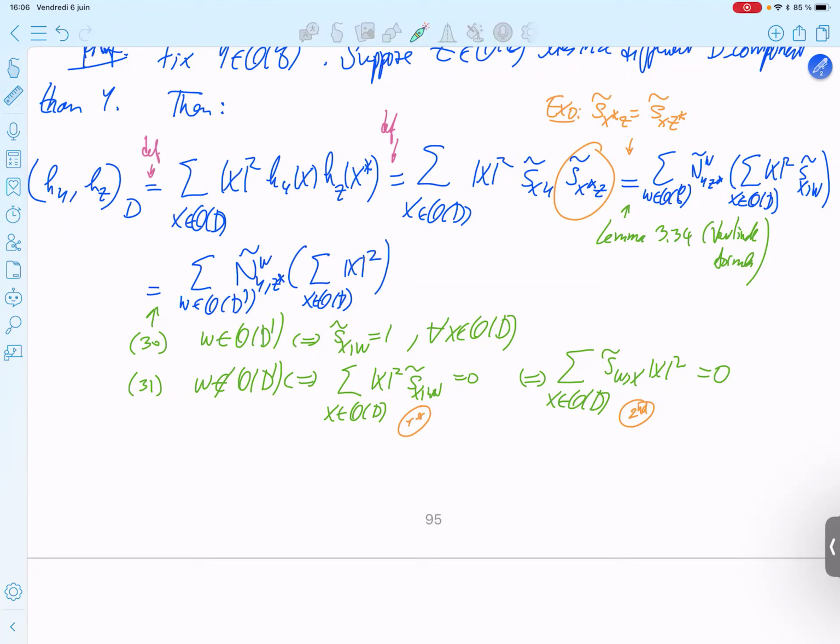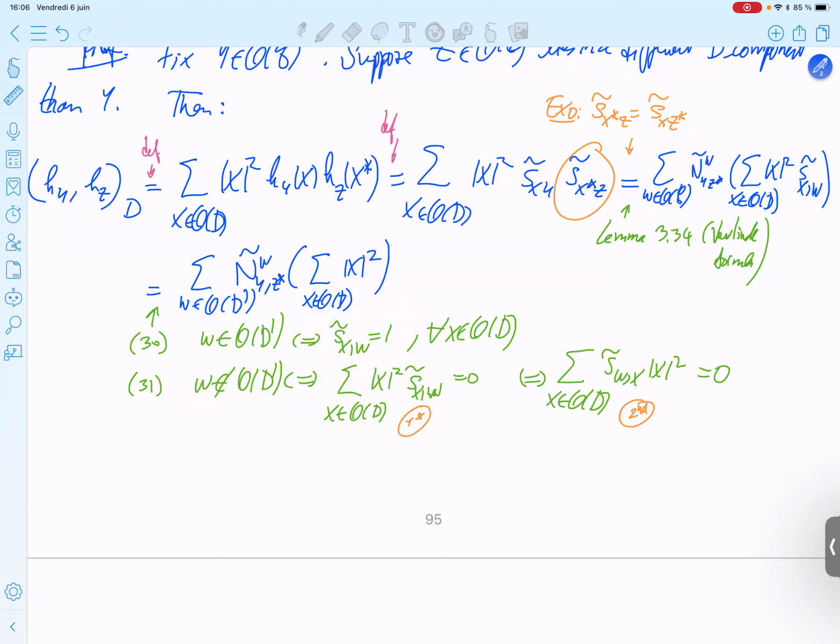As I said, you replace C by D, the centralizer of D, because you can, the rest is equal to 0, and you replace that by 1 because of that.